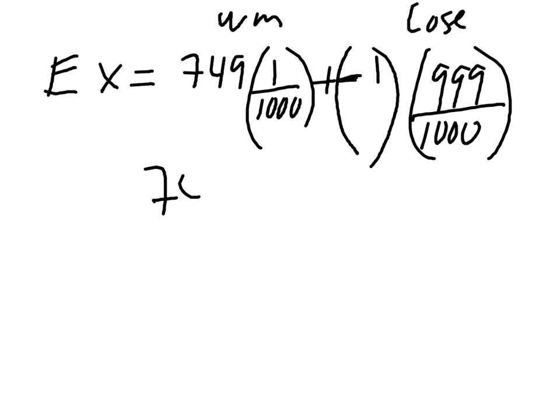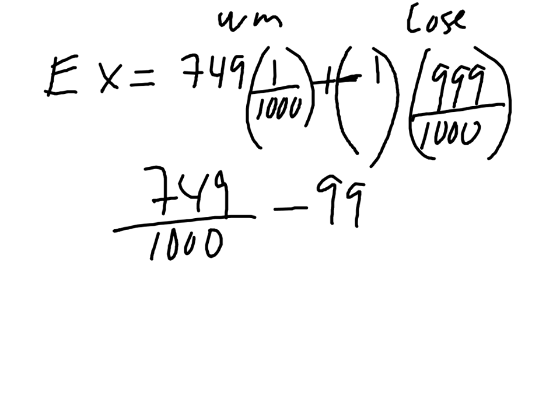So we would end up with 749 over 1,000 minus 999 over 1,000. And when you do that, you end up with, I believe, minus 250 over 1,000. But the book doesn't show it, so I'm going to double check it just to make sure.